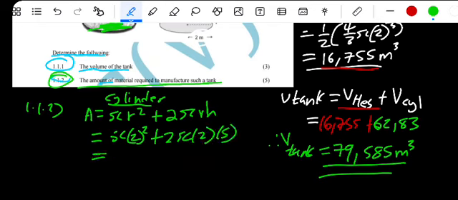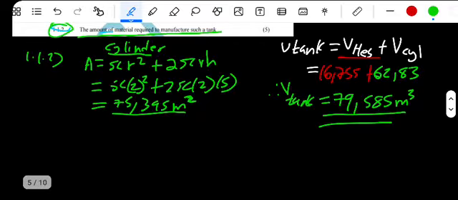Then this will be 75.395 meters squared. We also need the unit there.